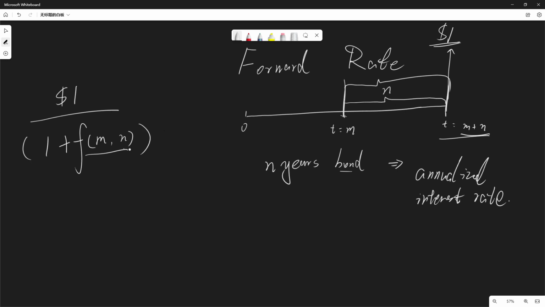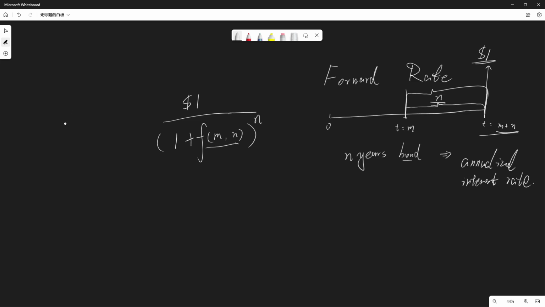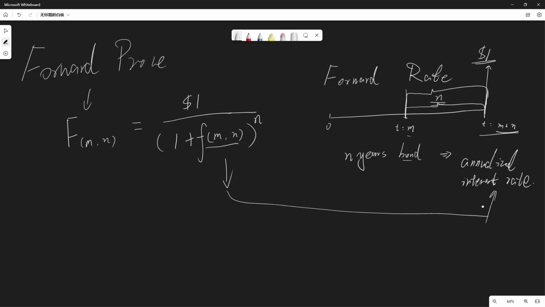And of course we discount that back n terms, and then we get a forward price. This is the forward price starting at time m, ending at time m plus n. Forward price. And this will be the annualized interest rate, as I just said. Alright?